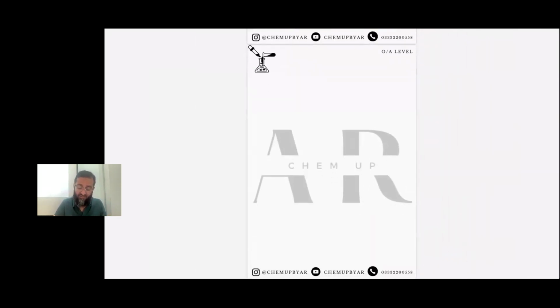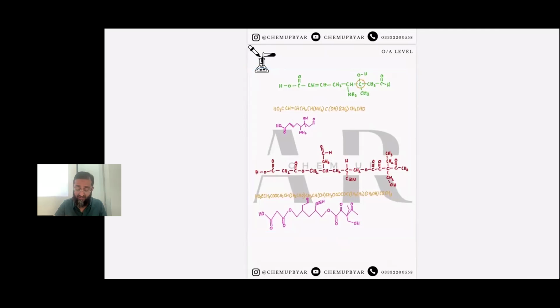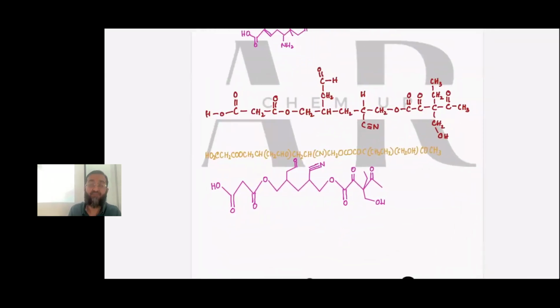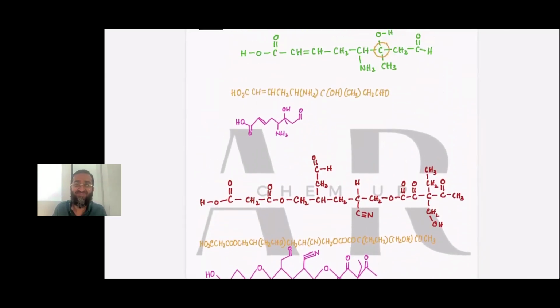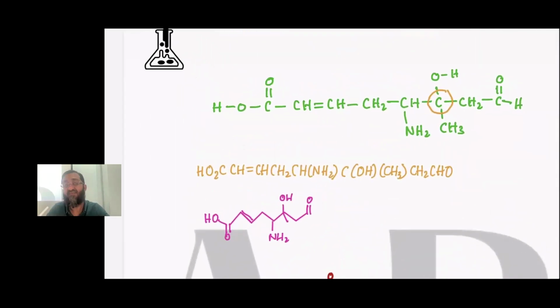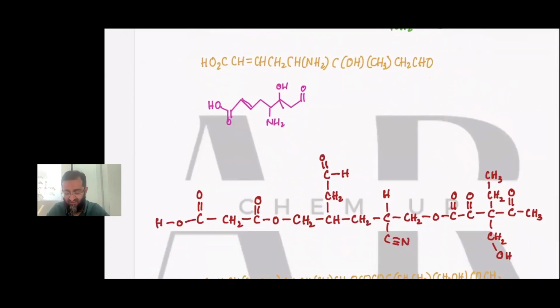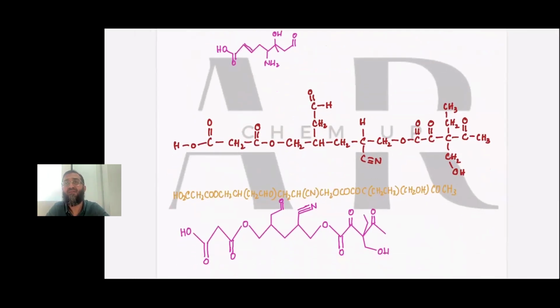There are two more samples that you can go over, to see how I made the displayed formula, structural formula, and skeletal formula as well. So it's for you, so you can compare them. It's quite big, but it's not difficult, just lengthy.